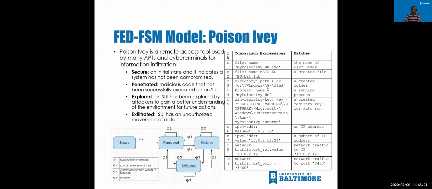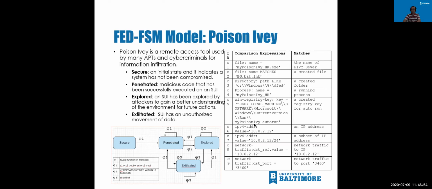So the condition of a transition is basically a subset of those comparison expressions. For example, for any of the states, if one of those comparison expressions matches as true, the current secure state changes to the penetrated state.